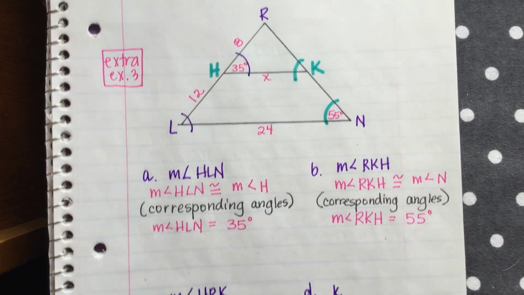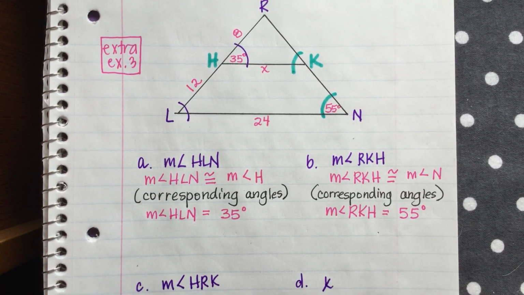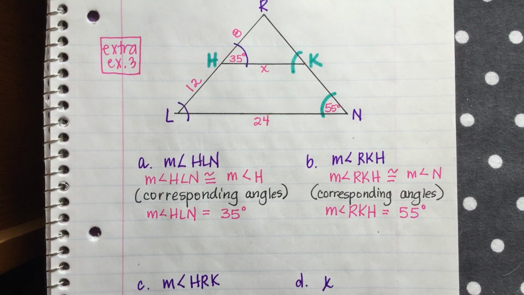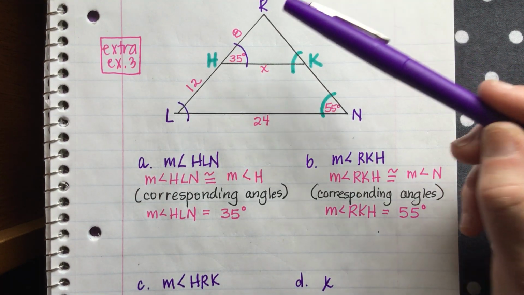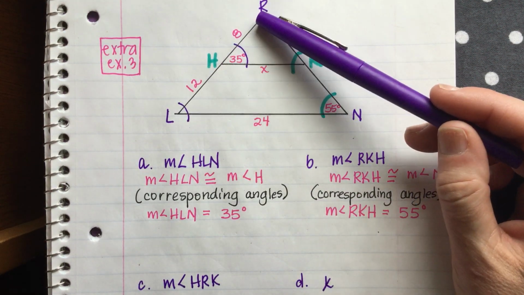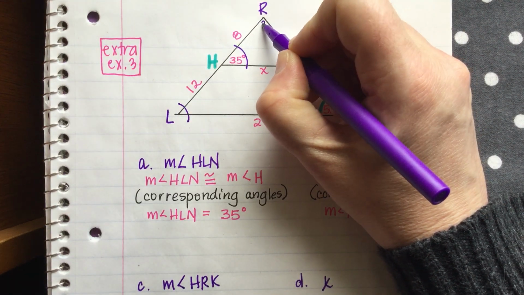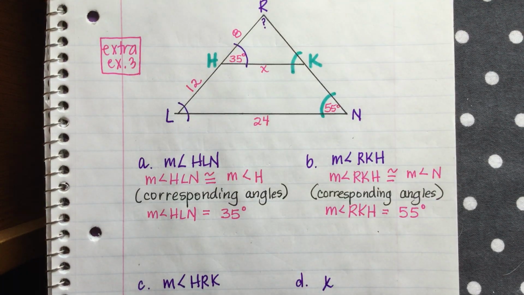To solve for the last two pieces, and I'm trying to show you on the screen the question as well as the original diagram. So in this last C and D, I'm looking for the value of H, R, K. So I'm looking for this angle up here.